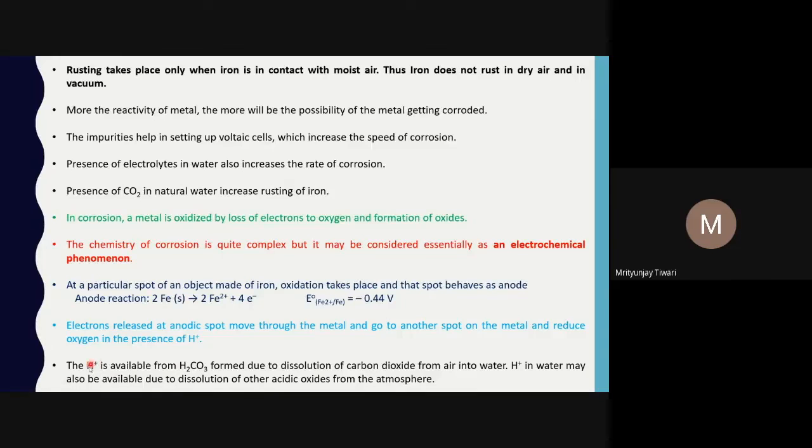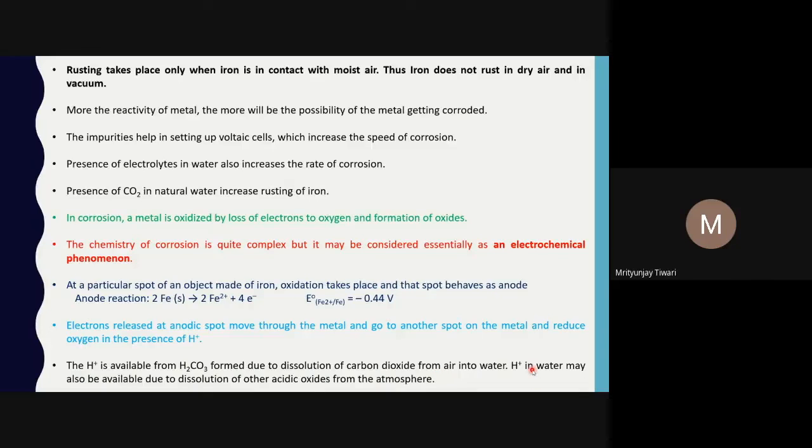The H+ ions, the hydrogen ions, are available from carbonic acid, formed due to dissolution of carbon dioxide from air into water. Carbon dioxide is already there in the air, and it will dissolve in the water and form carbonic acid, and this carbonic acid can provide H+ ions.